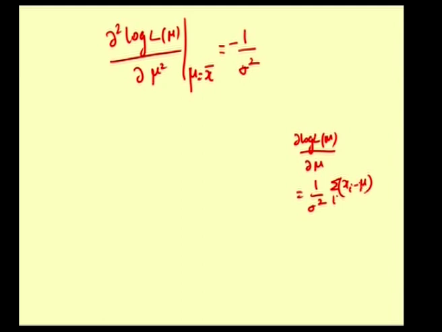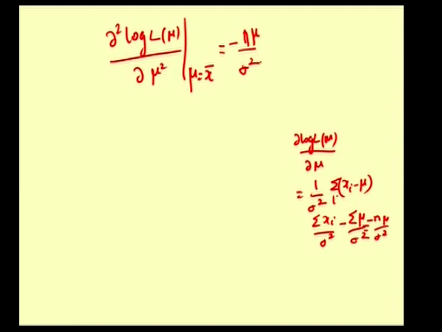So when I differentiate for the second time, differentiating with respect to mu, the term summation xi by sigma squared is a constant, and the other term is minus summation mu by sigma squared. Differentiating with respect to mu, the first term is 0, and the second gives minus n by sigma squared.